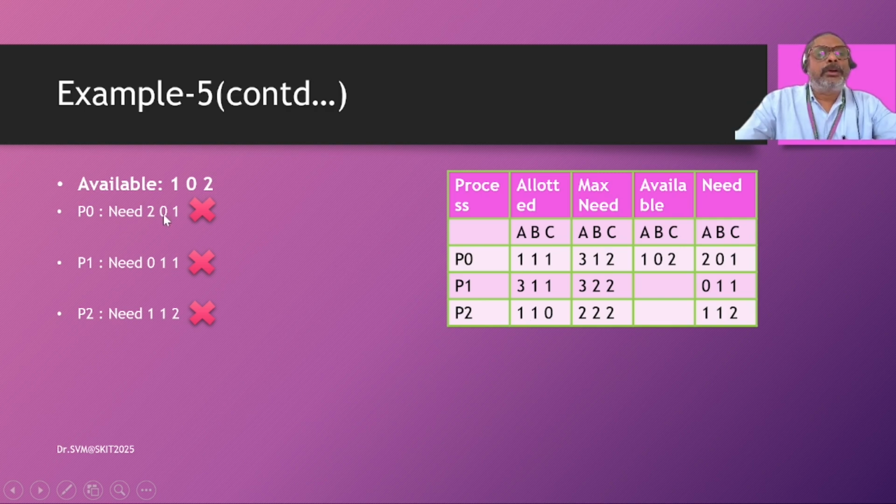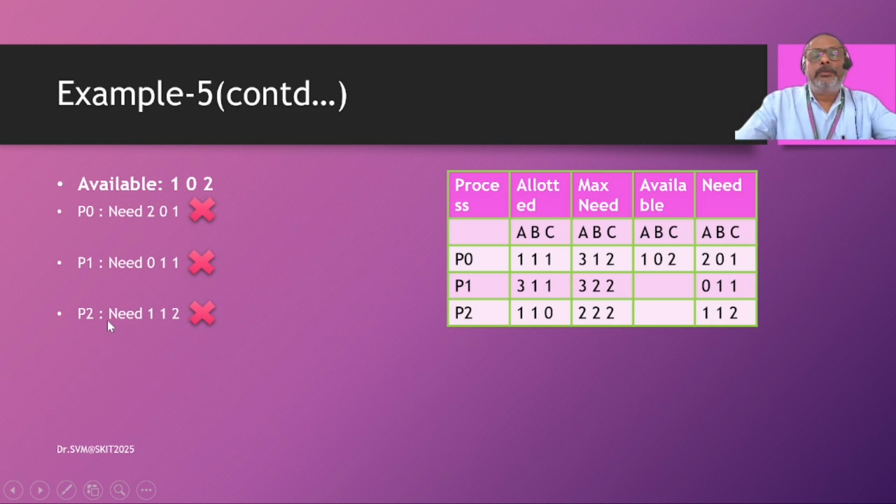Same way, if you look at P0, it needs 2 instances of A, whereas we have only 1 instance of A. Therefore either P1 should complete or P2 should complete, only then some instances of A get released, and therefore P0 is waiting for either P1 to complete or P2 to complete.